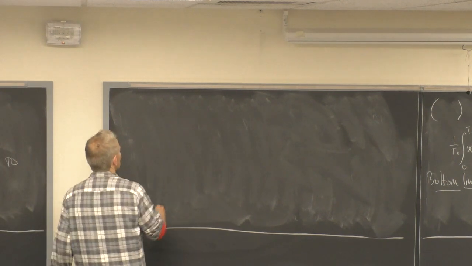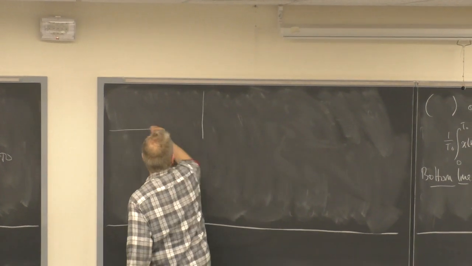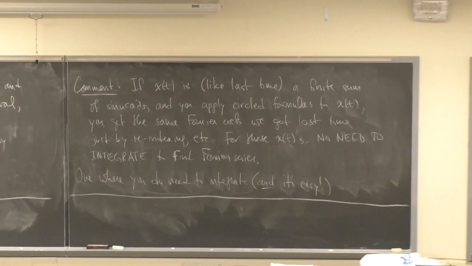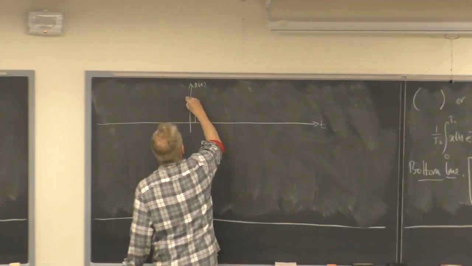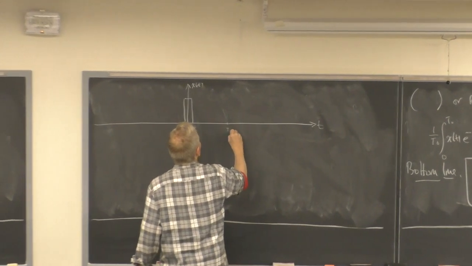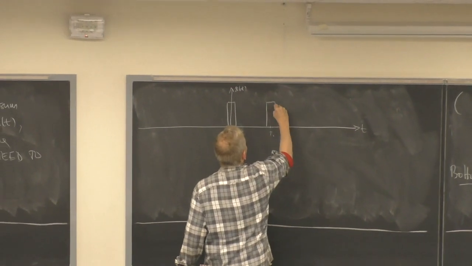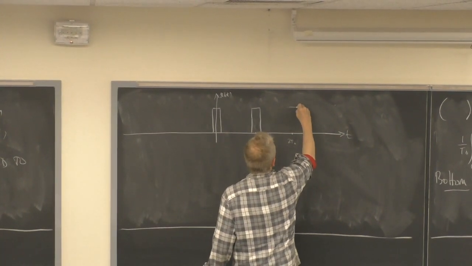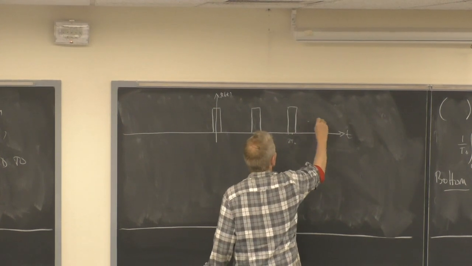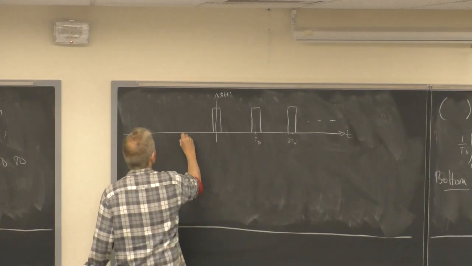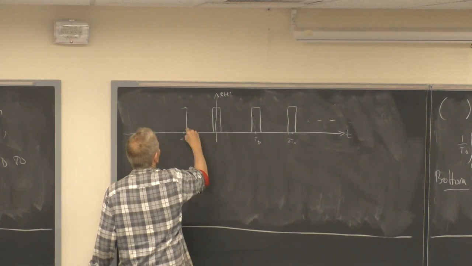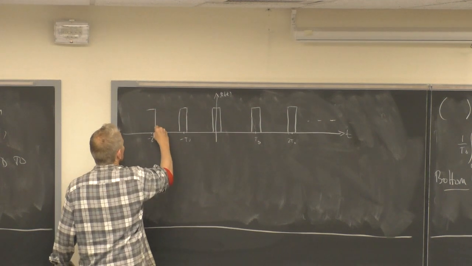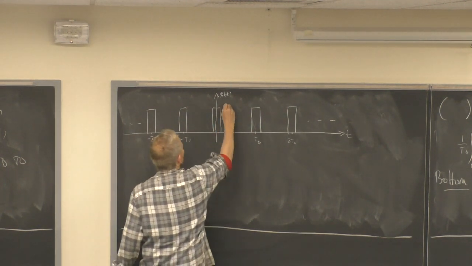This is an x of t that looks like this. Here's t0, here's 2t0. These are all supposed to be the same, by the way. Dot, dot, dot. Over here you have minus t0, minus 2t0, dot, dot, dot. And these are all going to be, for now, height 1.